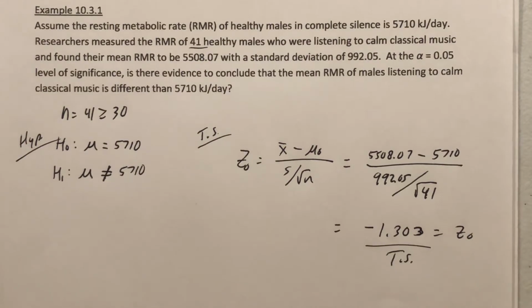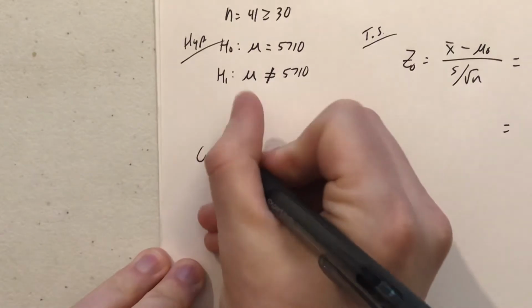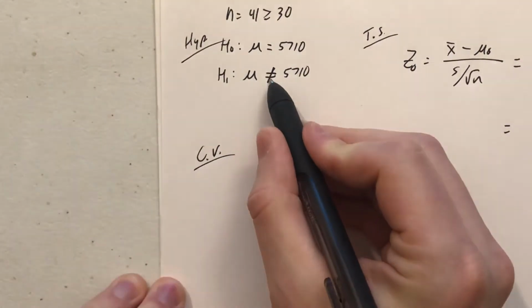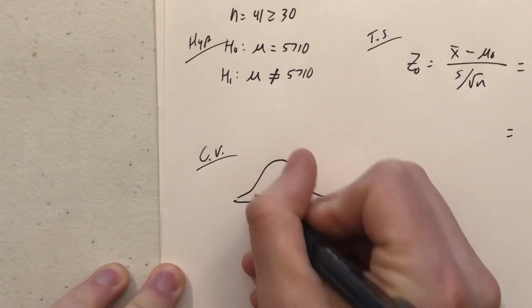Now with this approach, we're going to use a classical approach, just because the p-value approach is a little more convoluted, and with the t-chart it can be a little confusing if we use the other approach. So as we go to find our critical value, we have the not equals. Not equals means we're dealing with a two-tailed test.